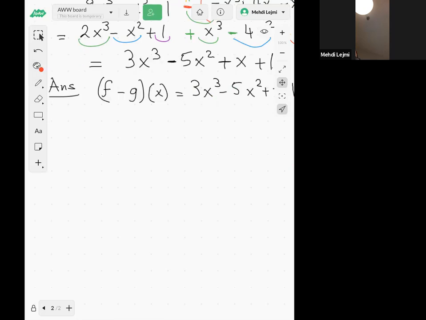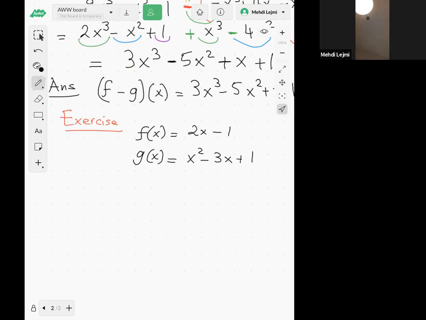So, exercise. Let's say my function f of x is just, let's take something simple here, 2x minus 1, nothing fancy, and g of x is x squared minus 3x plus 1.